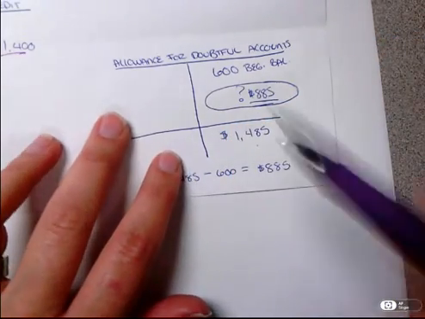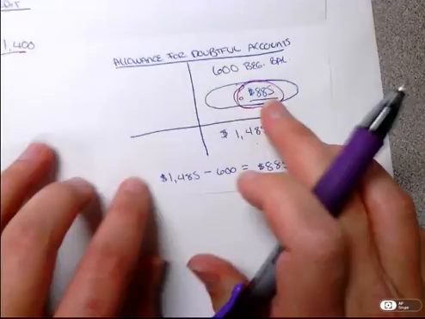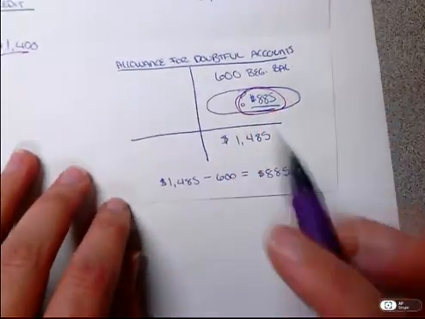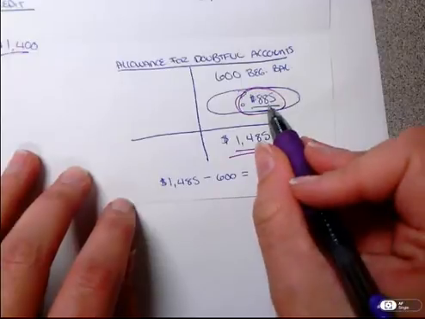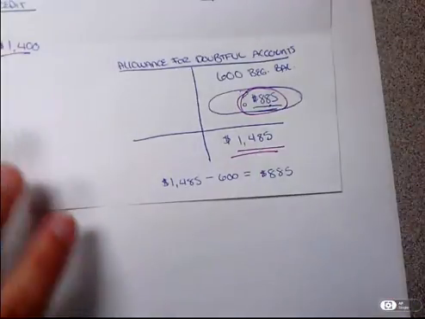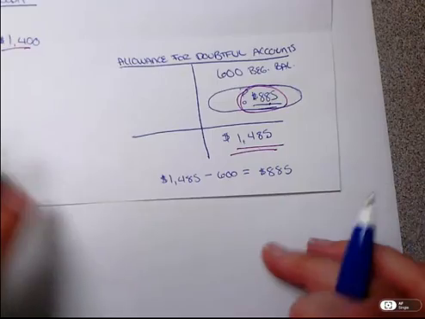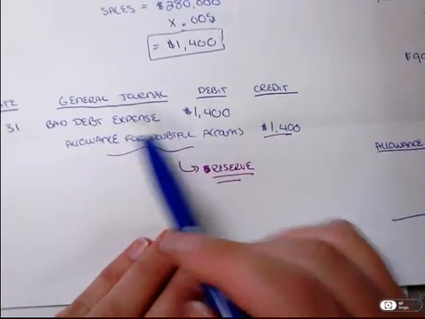This is the entry we're going to make, $885. Okay, so whatever we come up with as the estimate, that needs to be the ending balance, and we need to solve for the entry. Our entry is going to look just like the entry we just did using the income statement information, except our amounts will be different.